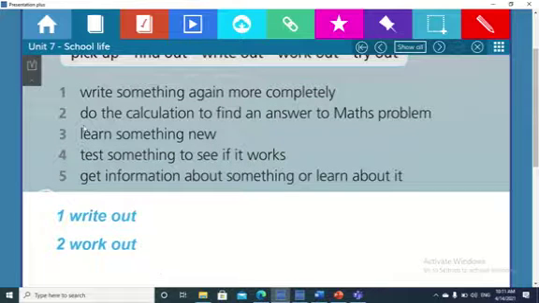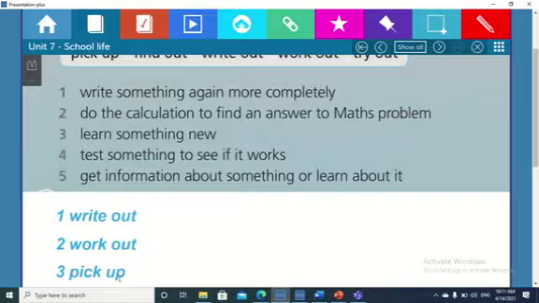Learn something new. When you learn something new, you pick up. Of course, this definition, as we mentioned last time, needs some addition. It's not enough to learn something new. Picking up is a special way of learning. You pick up by accident. You don't pick up by going to school, or if you go to university. Pick up means to catch some knowledge by accident.